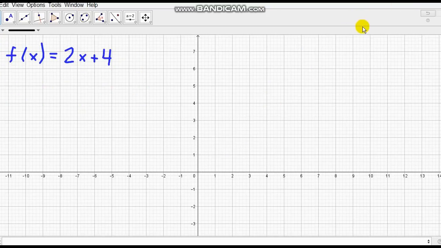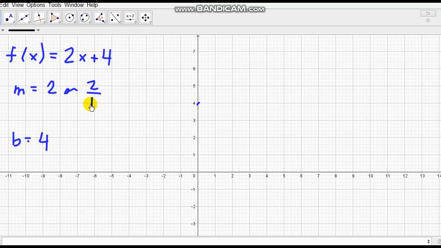Okay, let's try graphing a function and let's also try to graph its inverse. So let's have f of x is equal to 2x plus 4. Take note that the slope of this function is 2, or 2 over 1. Then the y-intercept is 4. So we start with 4.